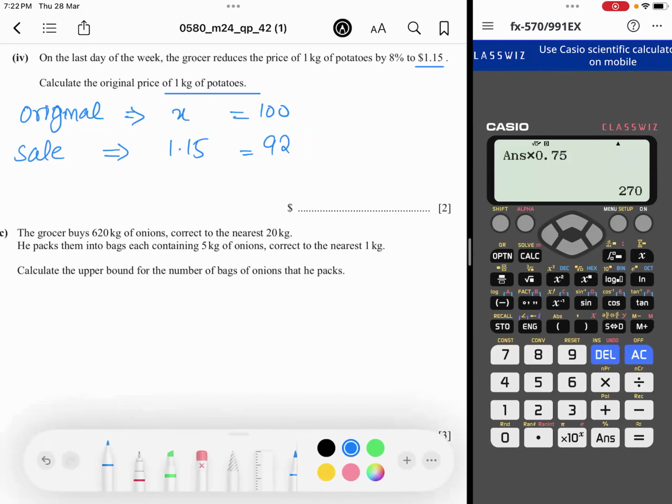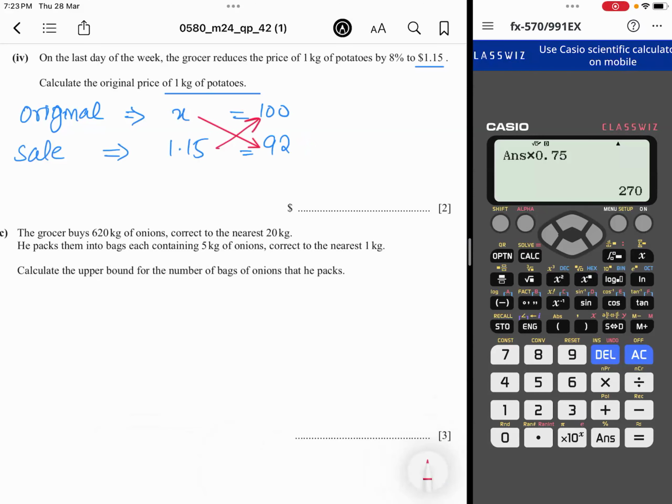So let's see what the original price is. 92x equals 1.15 times 100, divided by 92 on both sides. So x is equal to 1.15 times 100 divided by 92.